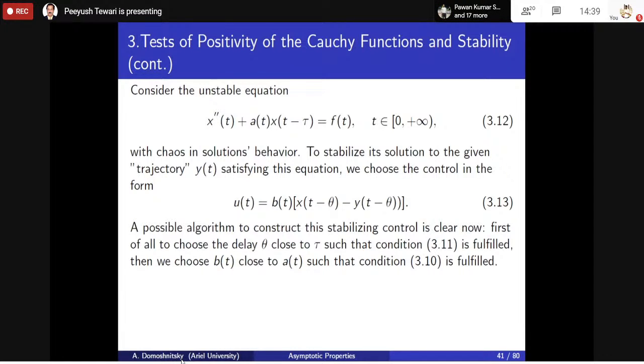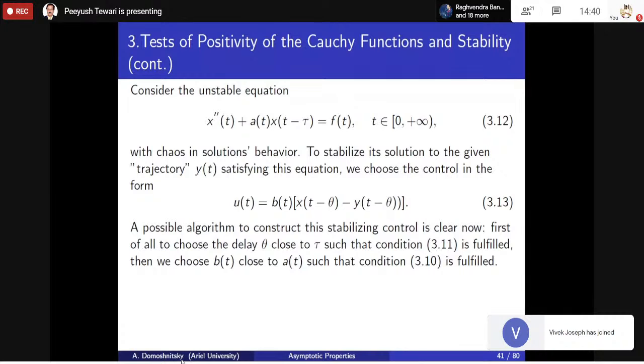And of course, here is the case of oscillating solutions, and we have the behavior of solutions. To stabilize the solution of this equation to the given trajectory y(t), we take control in the form of three setting.